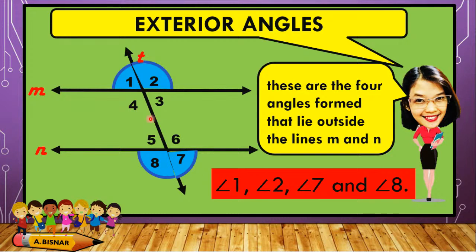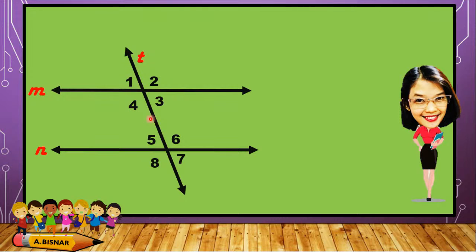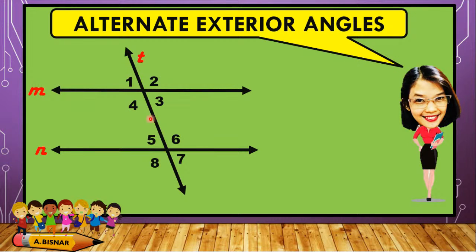Alternate exterior angles. Now, try to find out what are those pairs of alternate exterior angles. Try nyo to identify. A while ago, there are two pairs of alternate interior. How about with alternate exterior? How many pairs and what are those pairs? Try to identify.